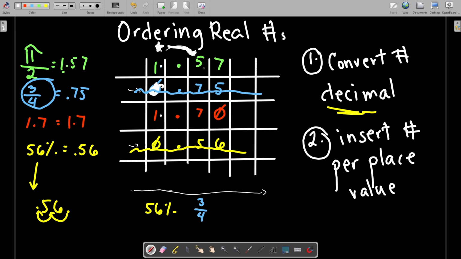Answer is 5. So what is the next value when it comes to ordering numbers? It is pi over 2. Cross that out. And now the highest value is 1.7. Got it? Okay, let's do another one.